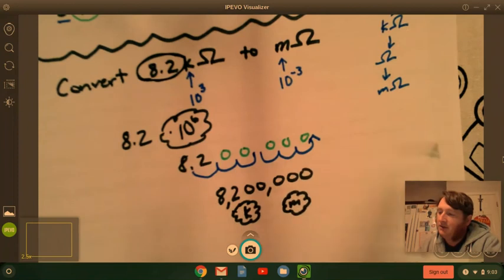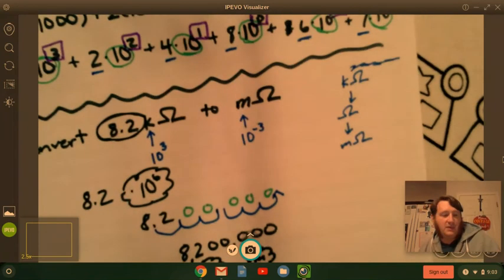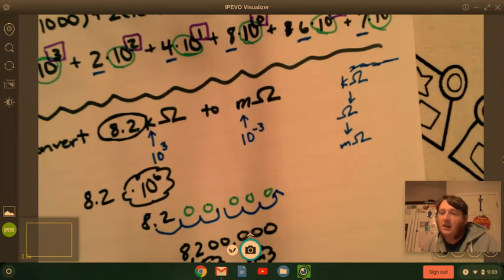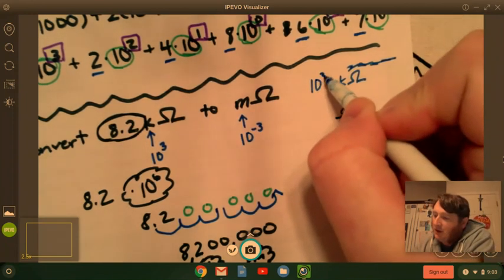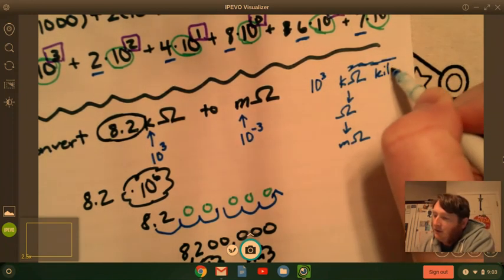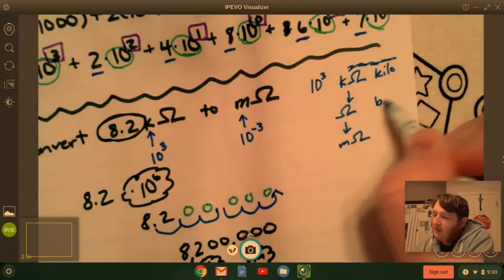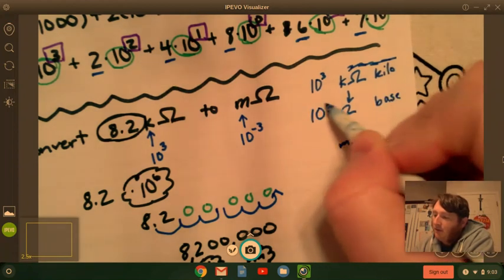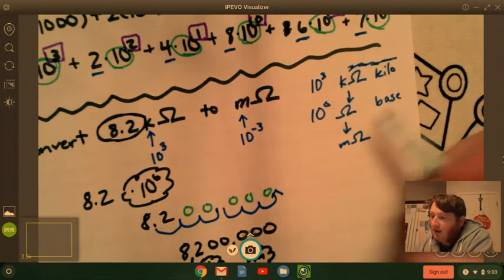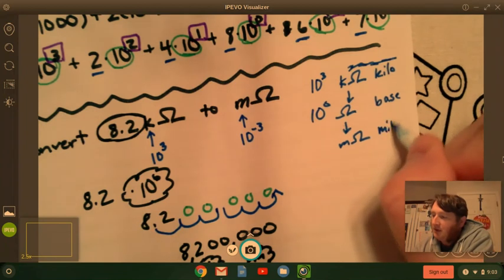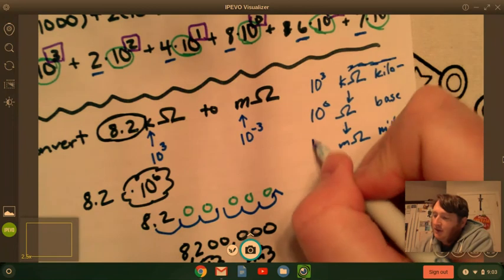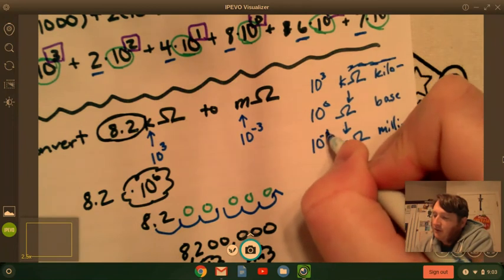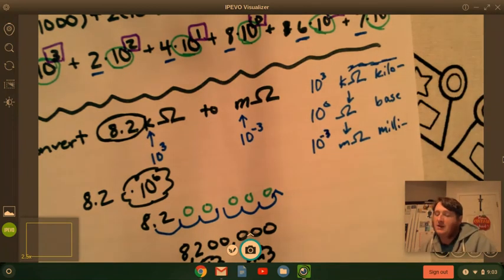And so again, from the other video or your reading, you're remembering that this is 10 to the 3rd, or kilo. This is base units, or technically 10 to the 0. This is milli, is the prefix. So thinking of it as a power of 10, it's 10 to the negative 3rd.